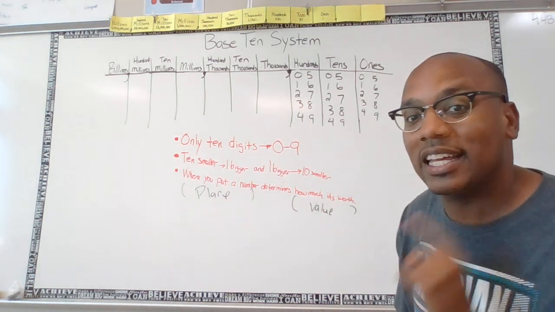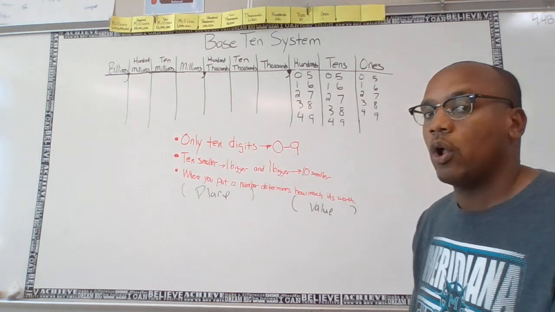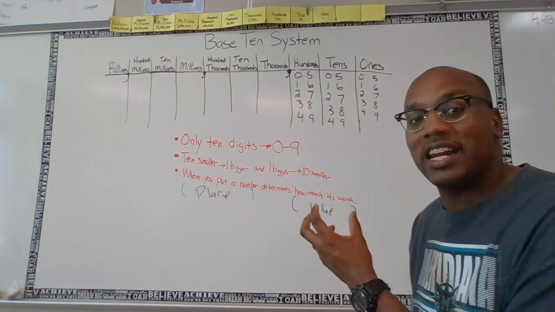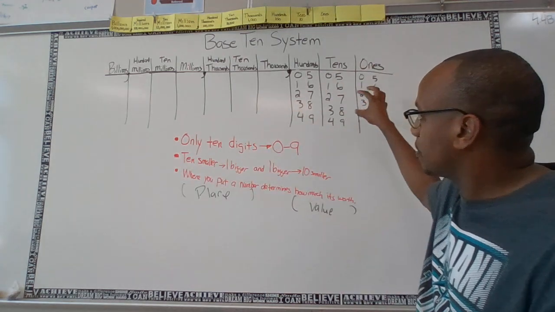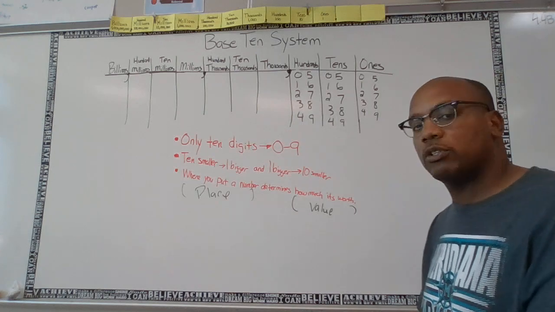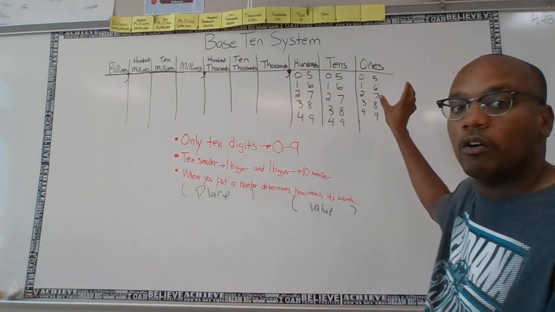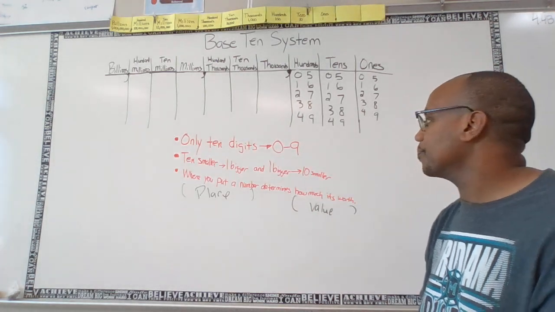Also, when it comes to trading in, 10 smaller numbers can be traded in for one bigger number, as I'm about to show you, and one bigger number can be traded back down for 10 smaller numbers in this system.